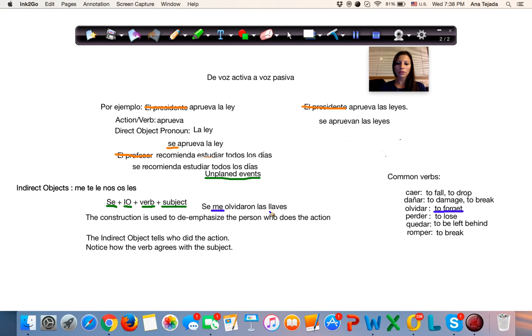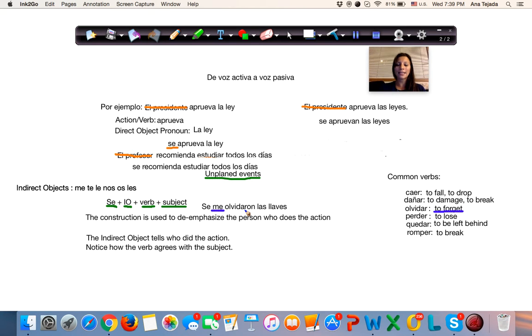Olvidaron las llaves. What's our action or verb here again? Olvidar, to forget. And remember that our subject is the same as our direct object. The direct object is what's being affected by that action or verb. So, what's being affected by the action? To forget. What was forgotten?